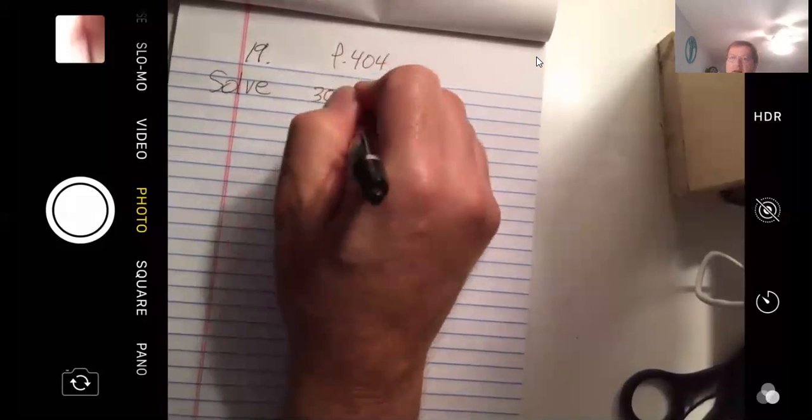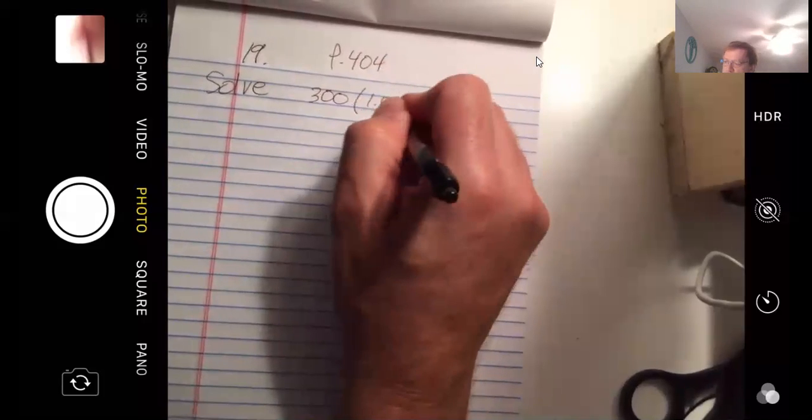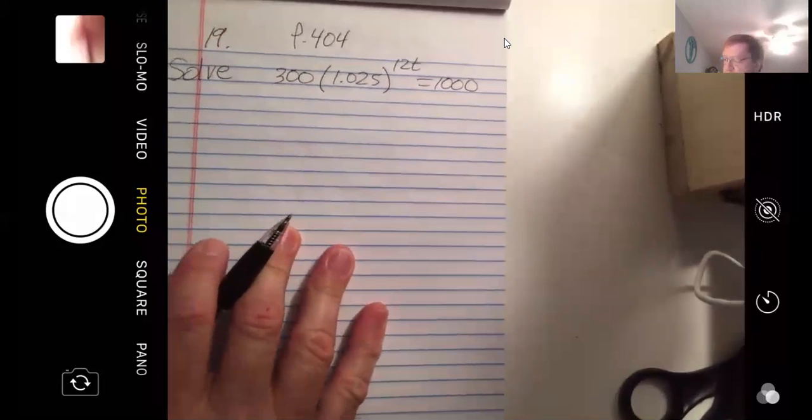Solve 300 times 1.025 raised to the 12t equals 1,000. You got some weird numbers in this one, weird bases. I don't know if this makes you scream, why did I sign up for this class?